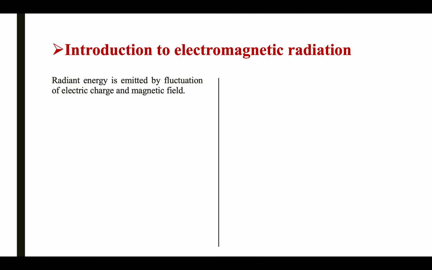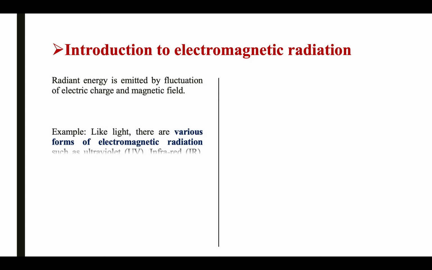So radiant energy is emitted by fluctuation of electric charge, electric field and magnetic field. So that's how radiant energy is getting emitted.